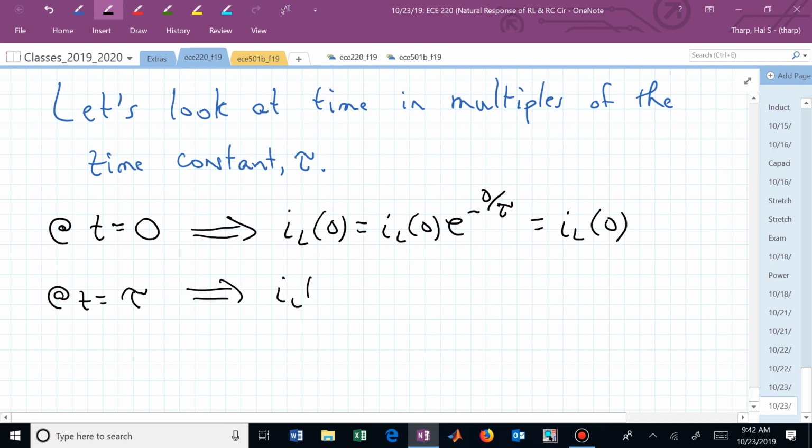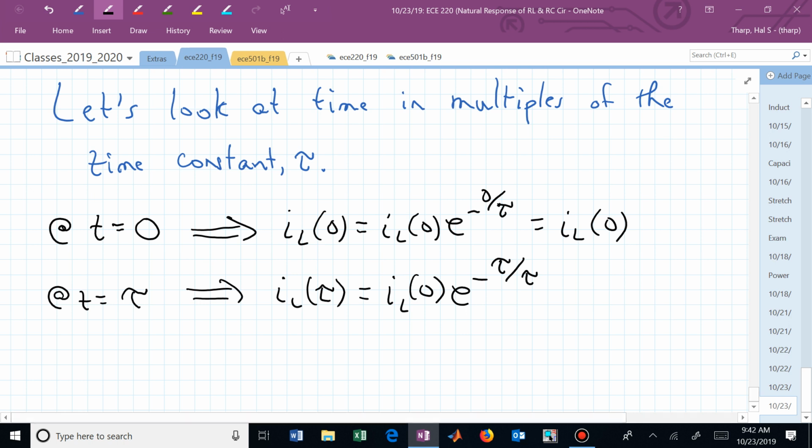Now we have I sub L at time tau, and that's going to depend on our time constant, L over R or RC. Let's say it's 100 milliseconds, or it's 0.1 seconds. So now we want I sub L at 0.1. We now say, oh, that's I sub L of 0 e to the minus tau over tau.